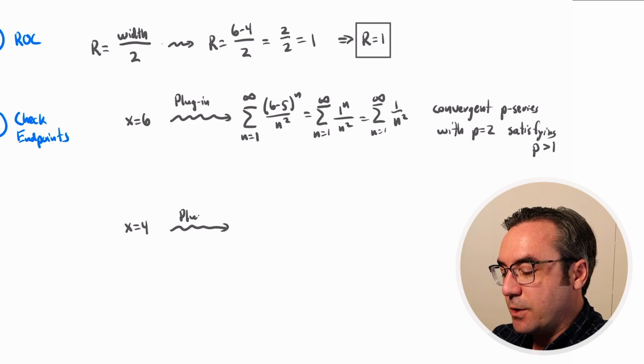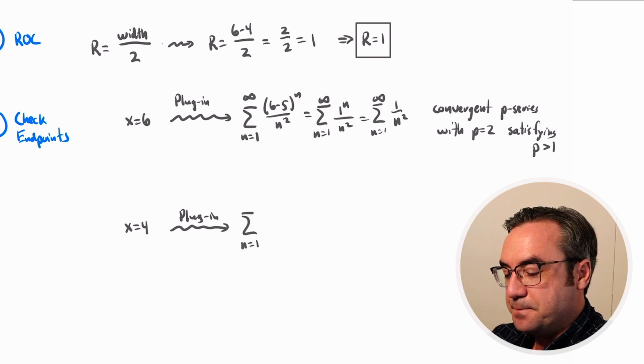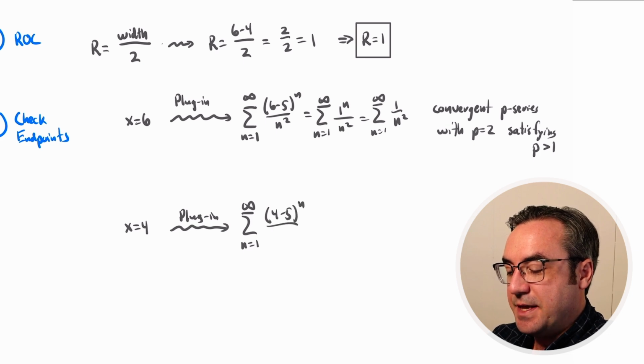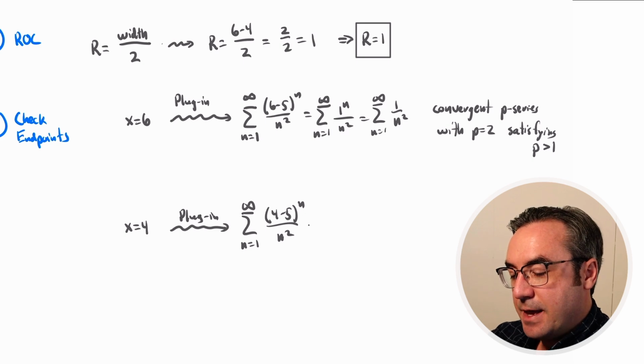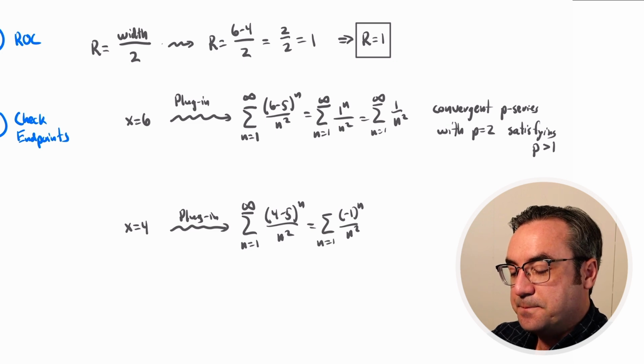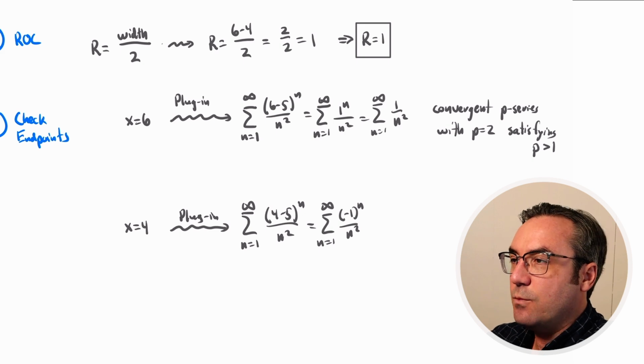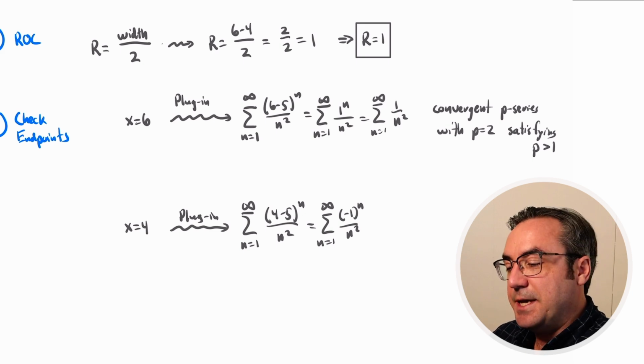Well, we're going to do the same thing. We're going to plug in to our power series, and that'll give us (4 minus 5) raised to the n over n squared. And if we simplify that, that ends up being negative 1 raised to the n over n squared. And when we look at this, what do we see?